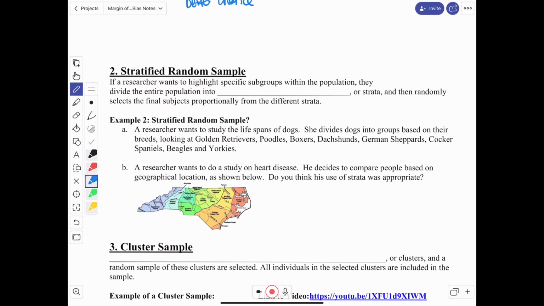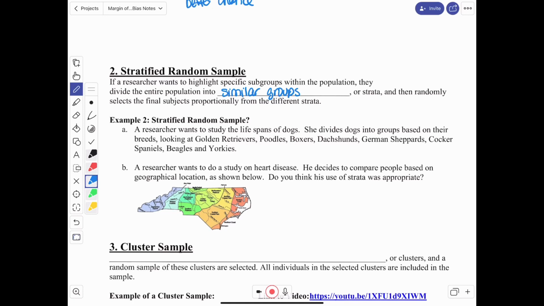Okay, a stratified random sample. So if a researcher wants to highlight specific subgroups within the population, they divide the entire group into similar groups or strata, then randomly select the final subjects proportionally from the different strata.